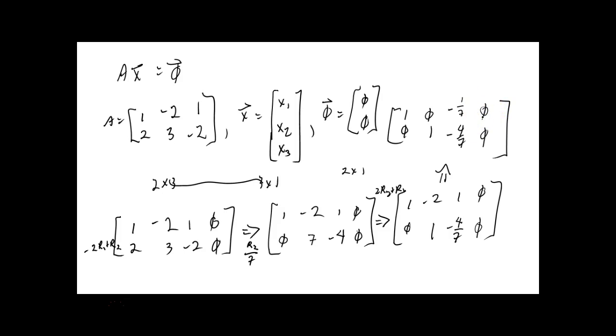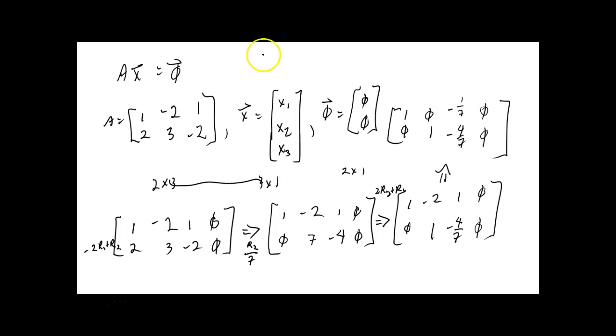All right, we've done as much as we can. We've got our leading ones in each row, 0s above and below them. So basically we have a parametric equation here for that third variable, the x3. What's your favorite parametric letter? Let's do t, that's everybody's favorite.